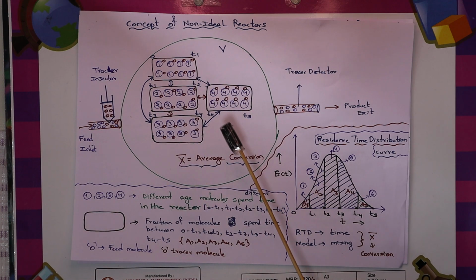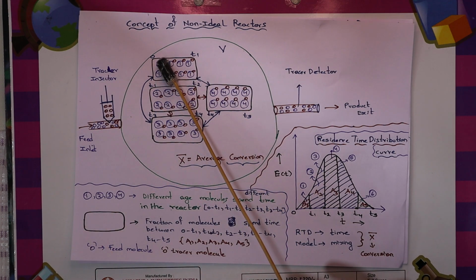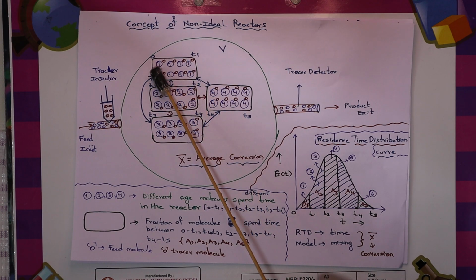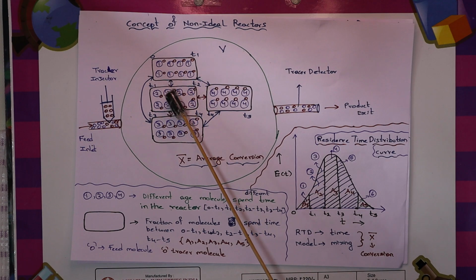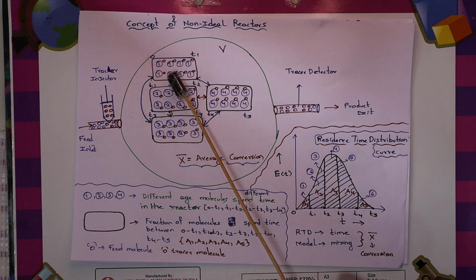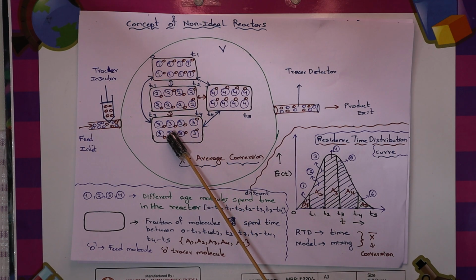And the second thing is mixing. Imagine I know this particular age 1 molecules spend time in the reactor between 0 to T1, but between 0 and T1 these molecules interact with age 2, age 3 and age 4. I have represented the interactions through arrows.